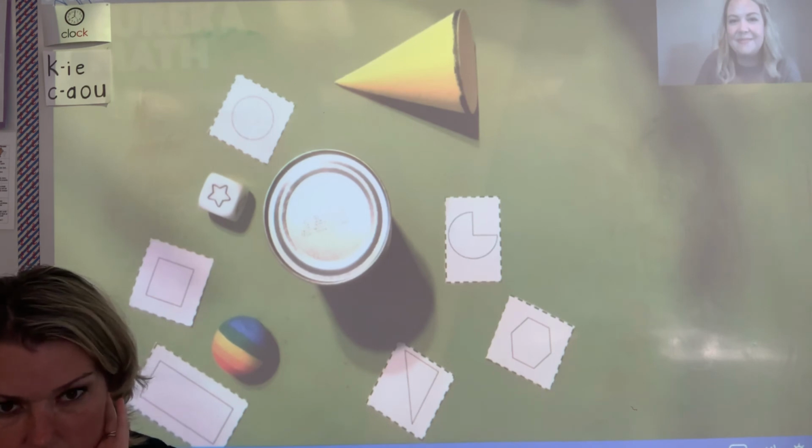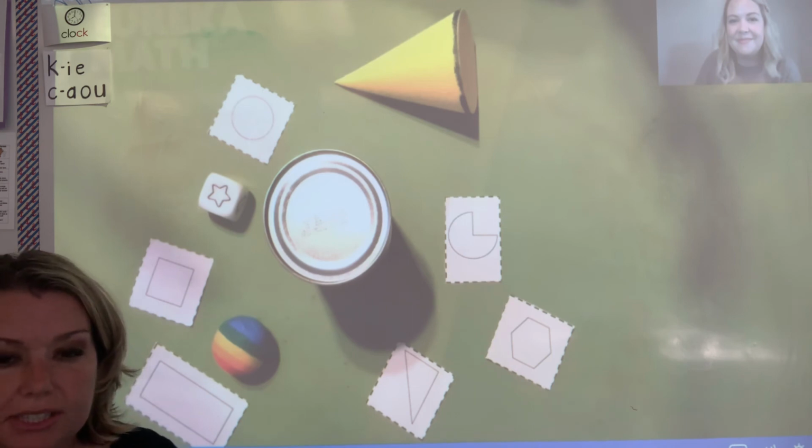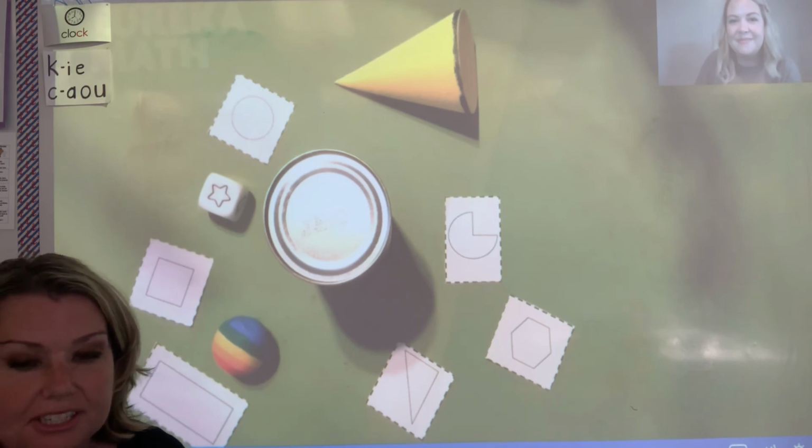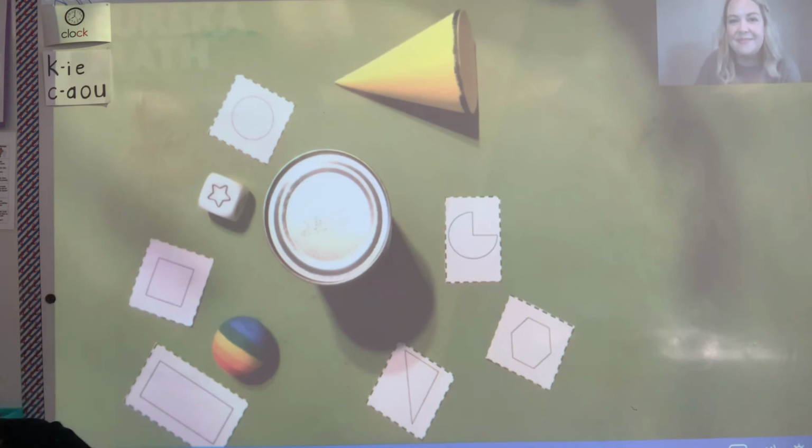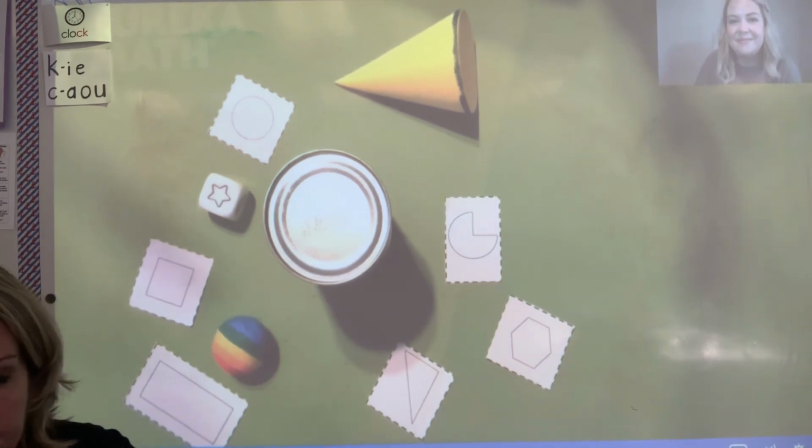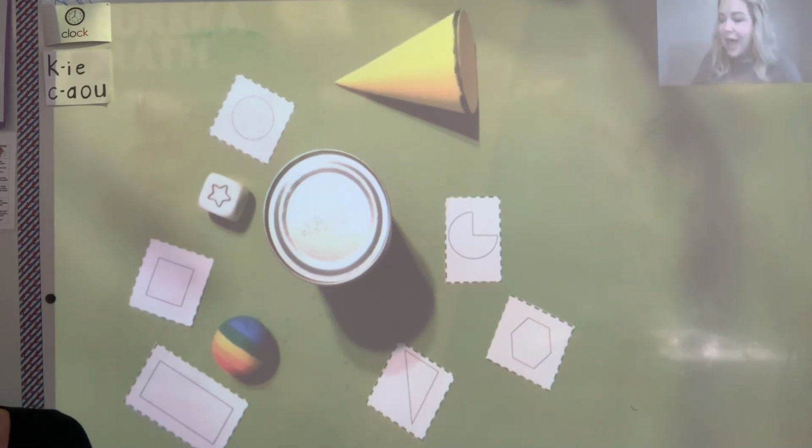They look like flat shapes. They do. They look just like the flat shapes. It's kind of hard to tell the difference. Let's see what Ms. Hawkins says. Those are great noticings. I heard one of my friends say, when I'm standing up looking down at my shapes, I can still see all of my flat shapes.